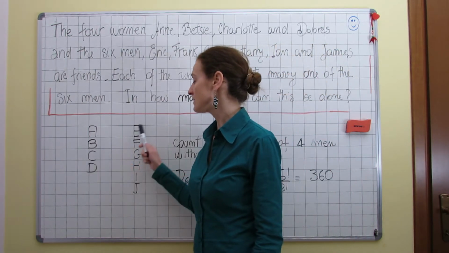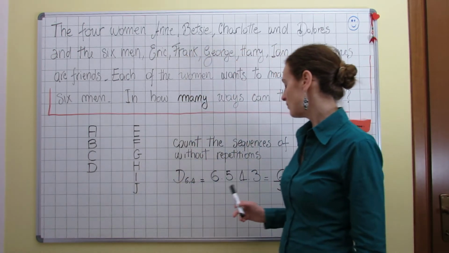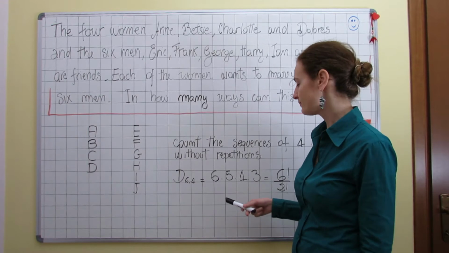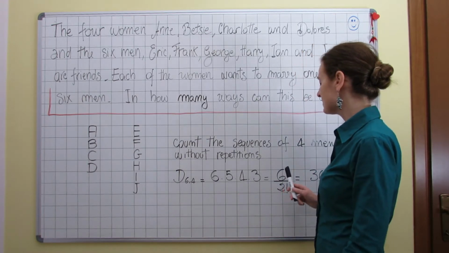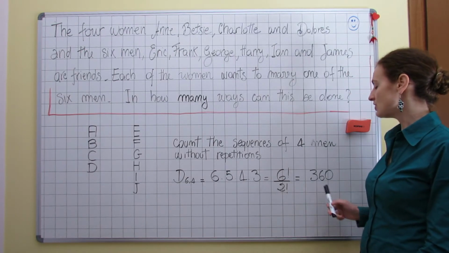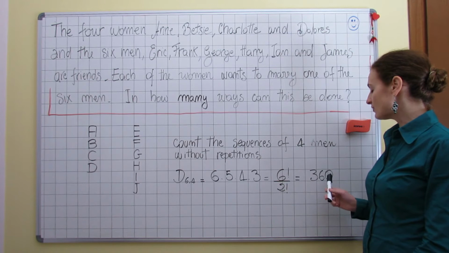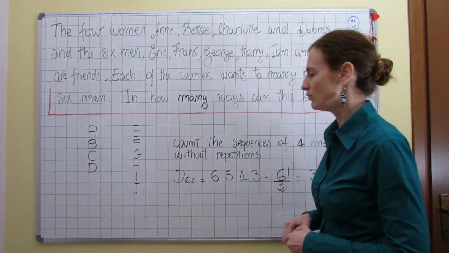How many ways for C? 4 ways. How many ways for D? 3 ways left. So 6 times 5 times 4 times 3, which is 6 factorial divided by 2 factorial, which is 360. And the exercise is solved.